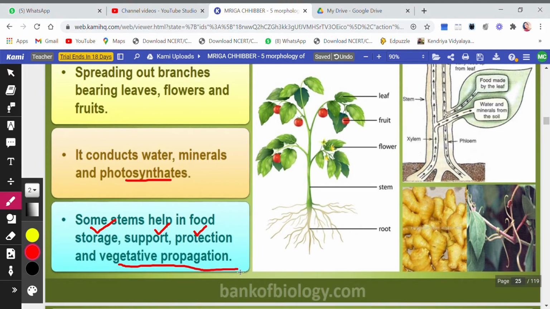That is, we can grow a new plant from a stem. So these are certain functions which are modified functions of a stem. Originally, the function of stem is just the conduction of water and minerals and anchorage of plants, that is holding the various parts of the plants. But these are certain modified functions of stem.